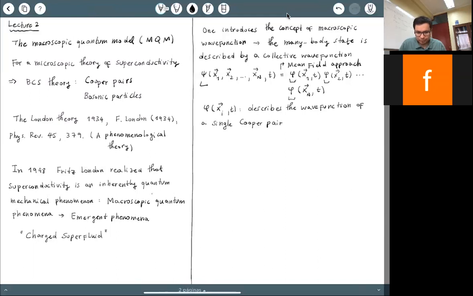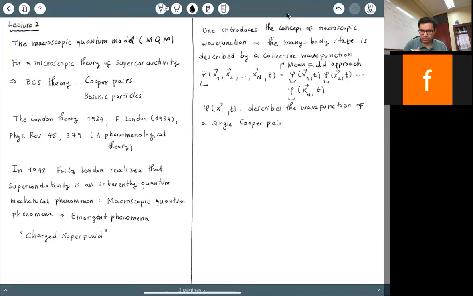So in this macroscopic wave function approach, when you have many Cooper pairs that occupy a single quantum state, the ground state, we introduce a new field that contains all the information about the density of charge, as well as the flow distribution.